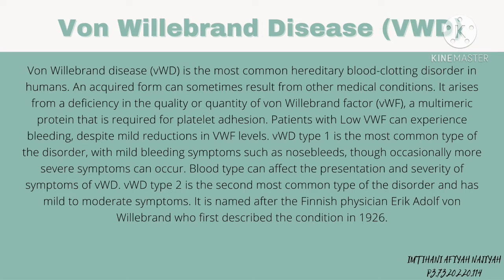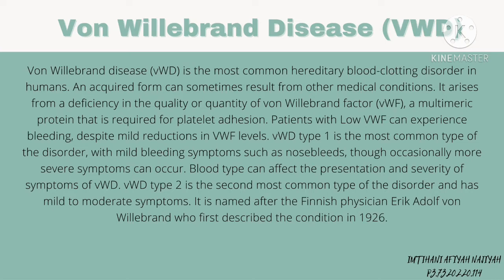An acquired form can sometimes result from other medical conditions. It arises from a deficiency in the quality or quantity of von Willebrand factor, a multimeric protein that is required for platelet adhesion. Patients with low VWF can experience bleeding, despite mild reduction in VWF levels.